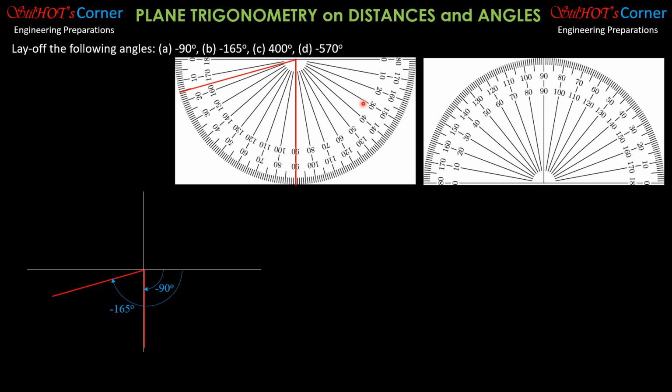Then 400 degrees, 400 minus 360 is 40 degrees, so that is equal to 40 degrees from the positive x-axis. They have the same terminal side, but it has already completed one revolution, then plus 40 degrees in counterclockwise direction as shown here.